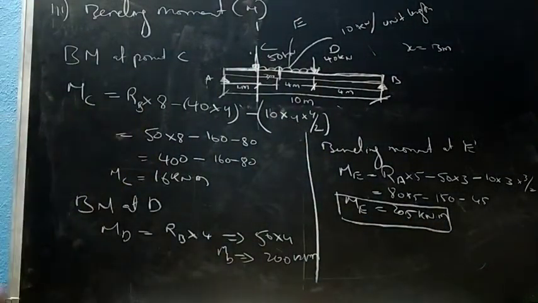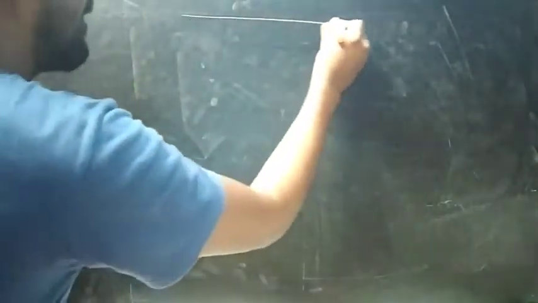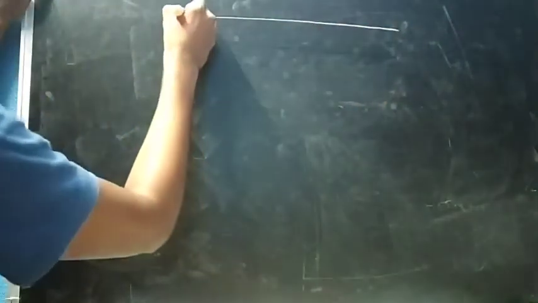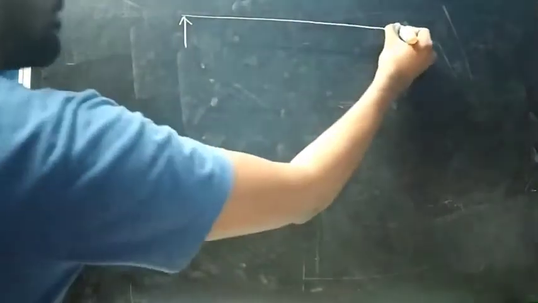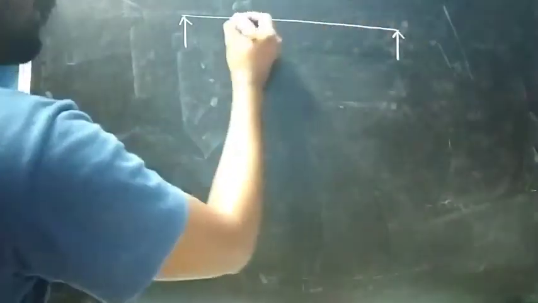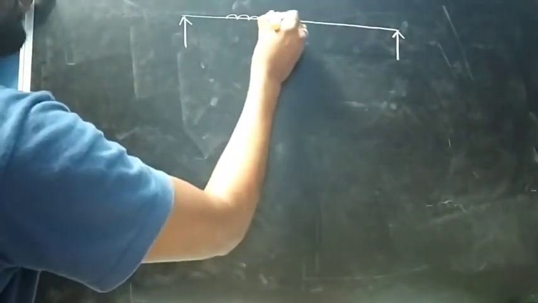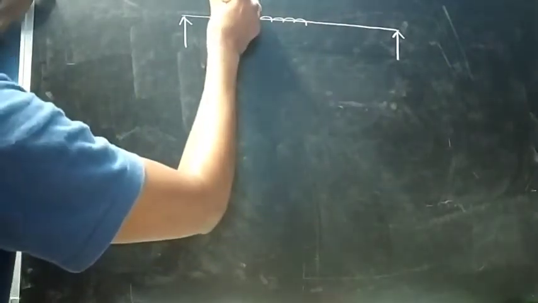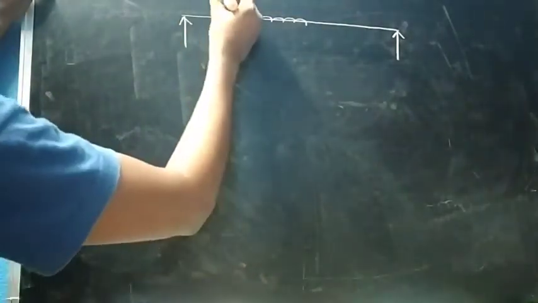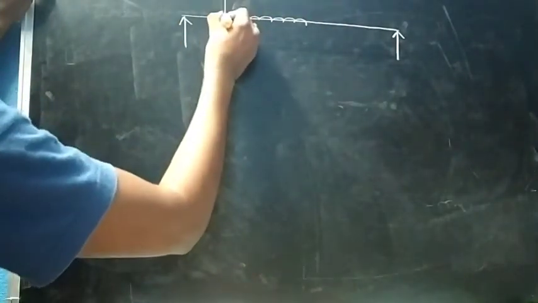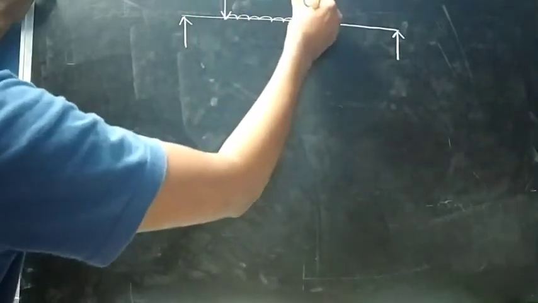So now we'll try to draw the shear force and bending moment diagram. Free body diagram first. Let's say this is a simply supported beam. Somewhere here there is a UDL and also there is a point load. Right.